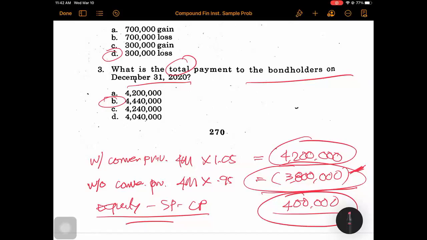Pero regardless gi-exercise or wala ang share warrants, liable gyapon si issuer to pay for the liability. But sa convertible bonds, ang pwede mahitabo, it's either gi-convert into shares or gibayaran ang liability. So, dili pwede nga kung na-convert into shares na ang bonds, bayaran pa gihapon nimo. Gi-convert na nimo into shares.